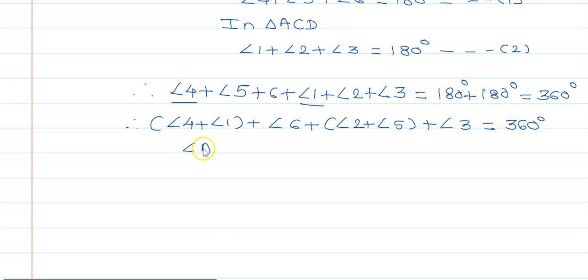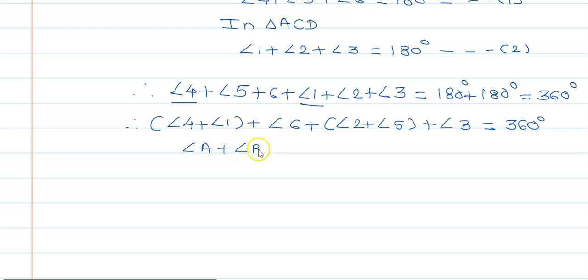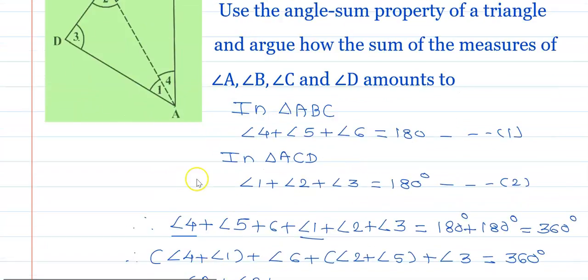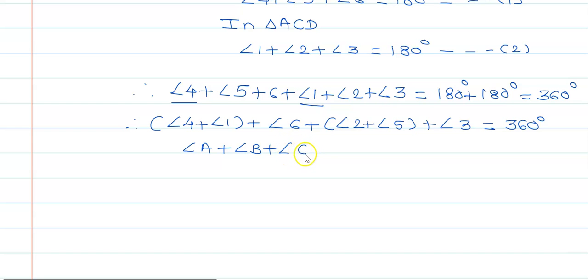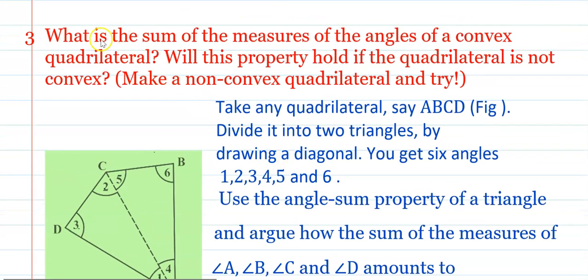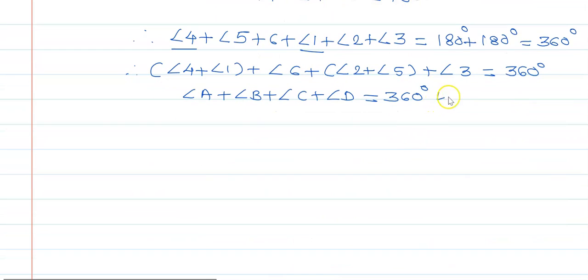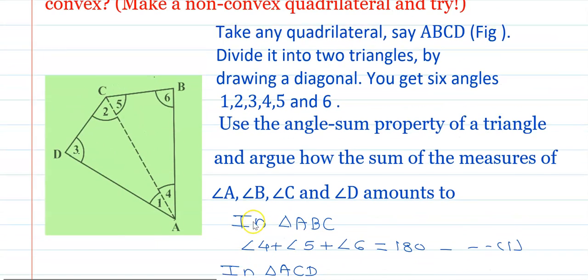It's angle A. Next, angle 6 means angle B. Angle 2 plus 5 means angle C. And angle 3 means angle D. And that equals 360. Hence, the answer: the sum of measures of angles of a convex quadrilateral is 360. You can see this.